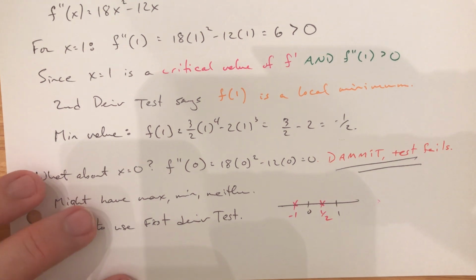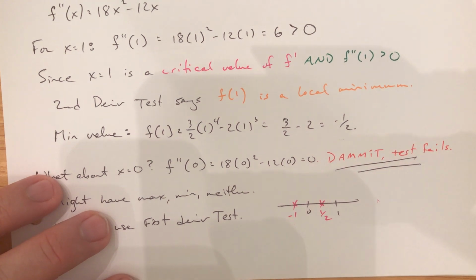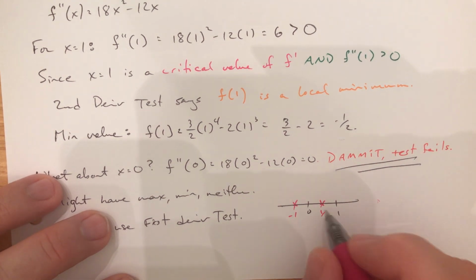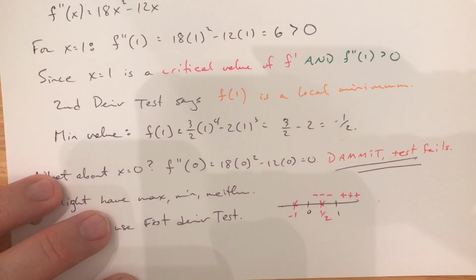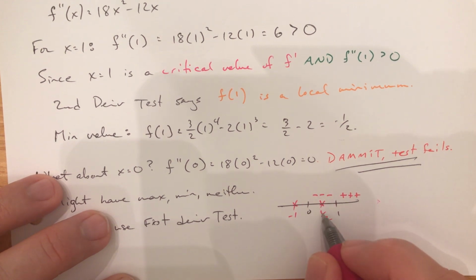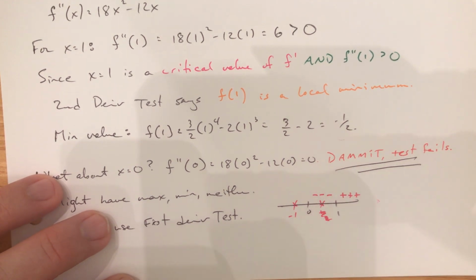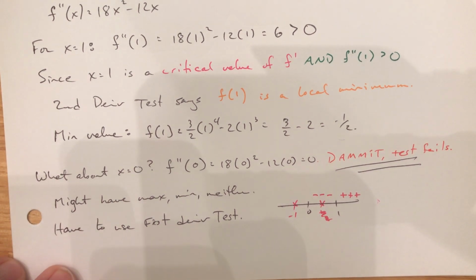In fact, it's even better than that, because if we have a local minimum here at 1, we know that the derivative had to change sign from negative to positive there. And we can fill in some of that information already. And in fact, we don't need to test what happens at x equals a half.